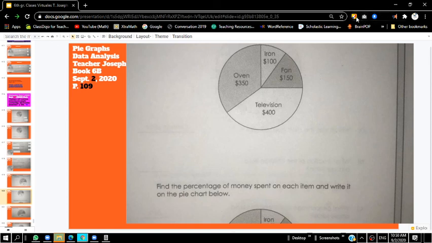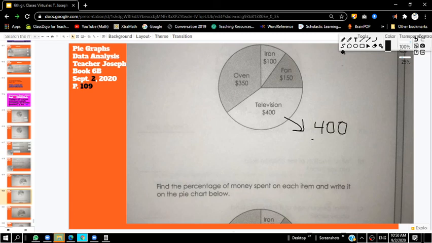Now there's a hard way to do it and an easy way to do it. Let me show you the hard way first. What you could do is equate $400 to the total, which is $1,000. Okay, both of these are dollars. And then we could compare that to the amount of percent, right? 100.